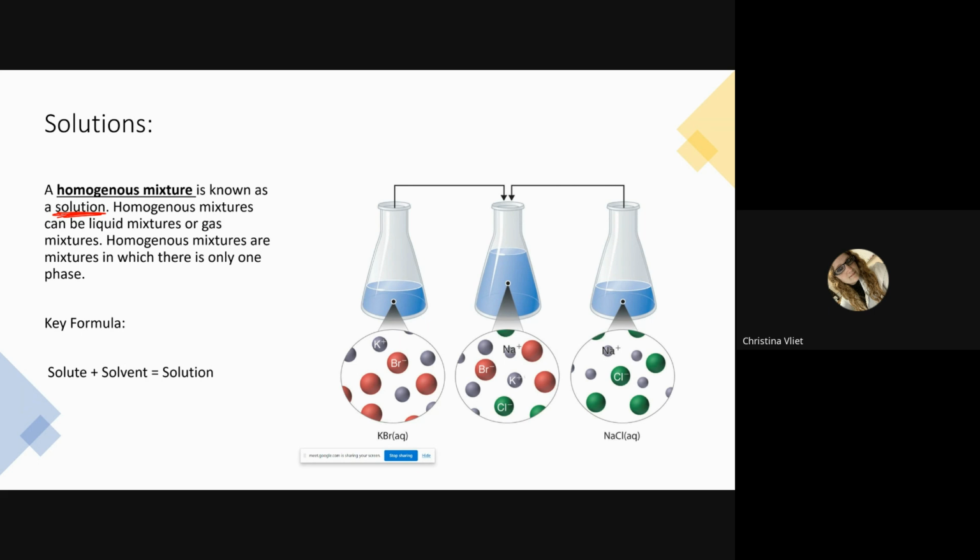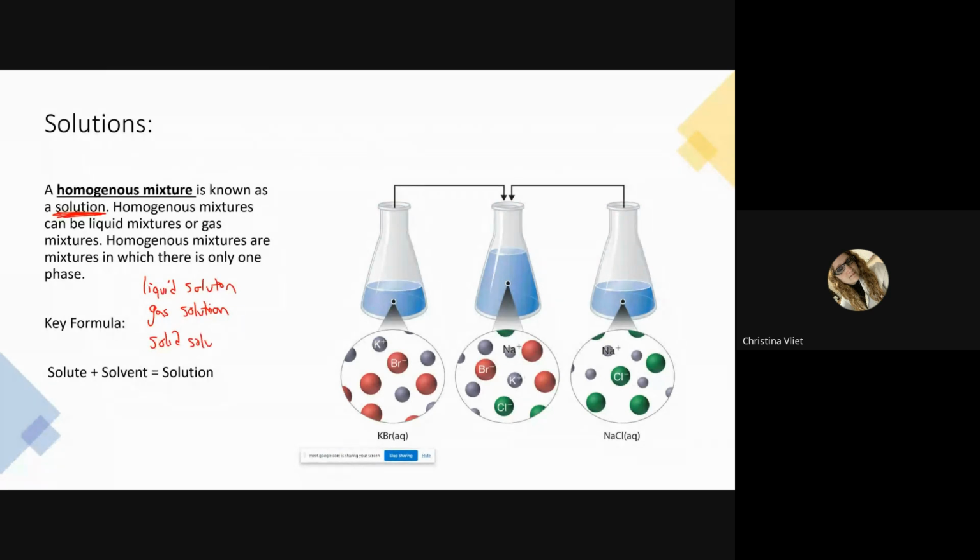Homogeneous mixtures, it's interesting to note that could be liquid mixtures or gas mixtures or even solid mixtures. And so I wanted to bring up an example of each. So a liquid solution, a gas solution, and a solid solution.